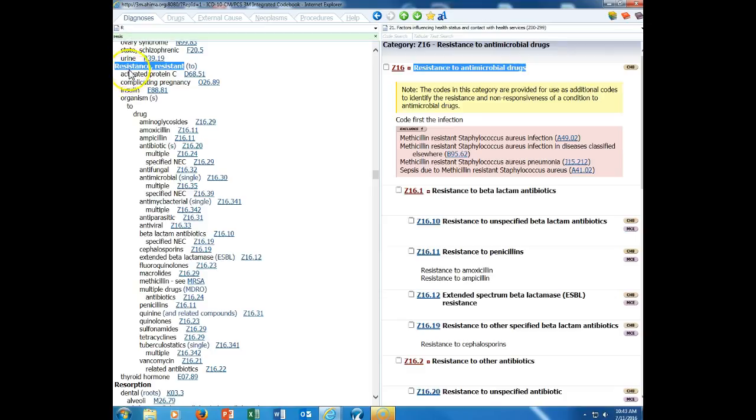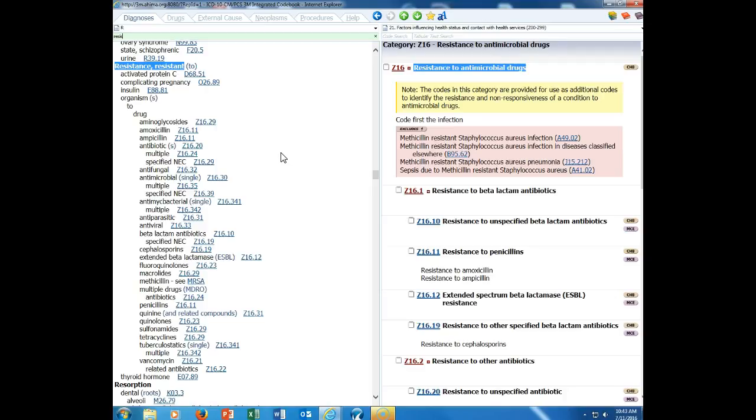If we go to resistance, organism to drug, you can see the listing of the drugs that the patient is resistant to.